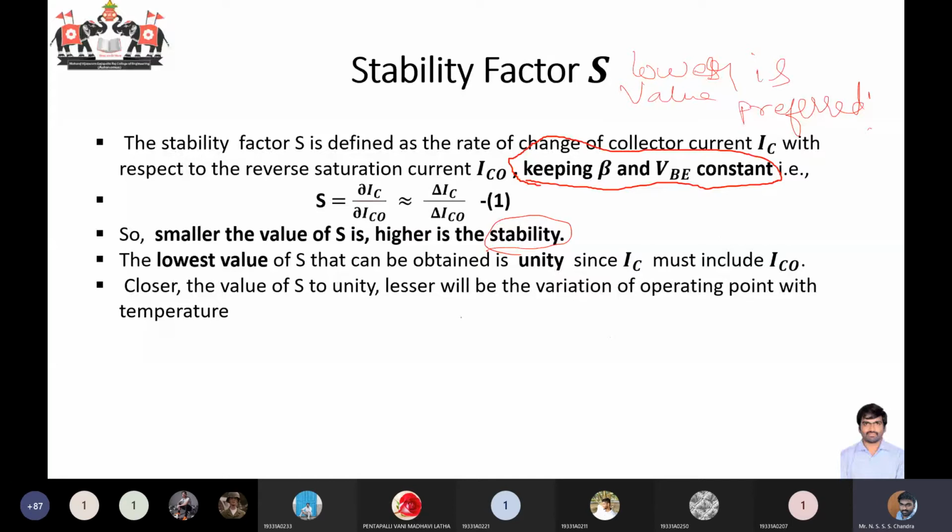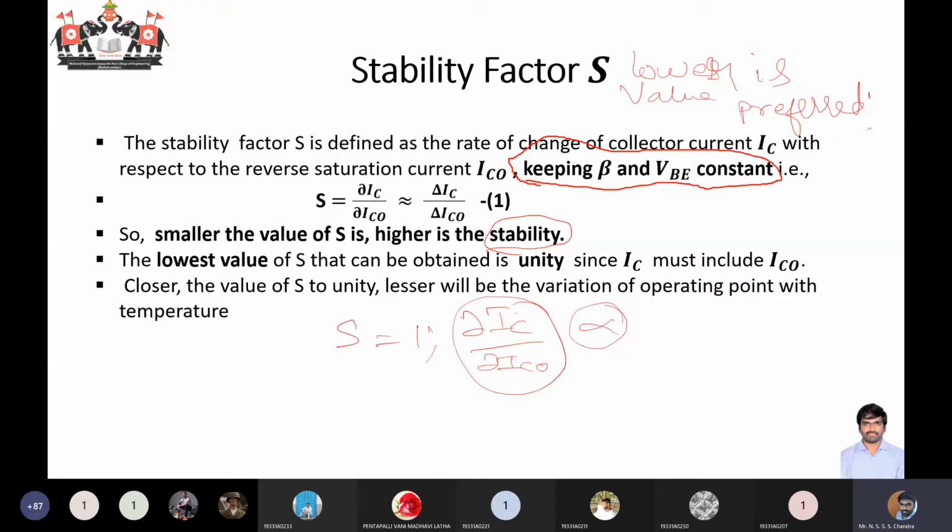The lowest possible value of S is 1, because you are finding the change ΔIC by ΔIC naught. You cannot completely avoid the change in IC, but at least this relation should be proportional. It should not be greater than that.